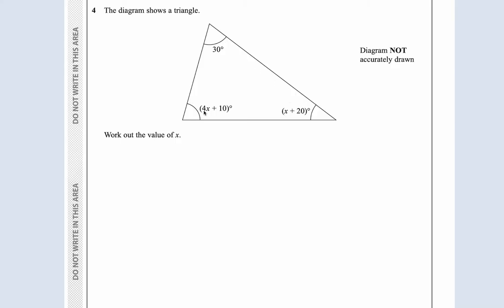These all add up to 180 because they're angles in a triangle. So 4x plus 10 plus x plus 20 plus 30 equals 180.